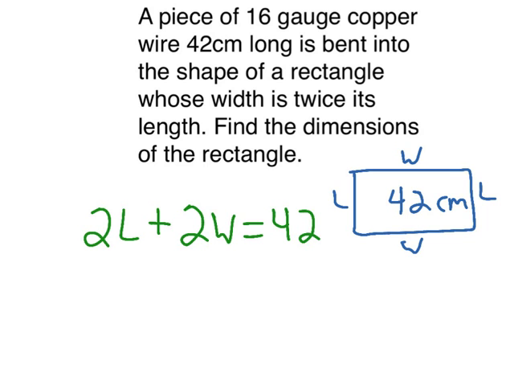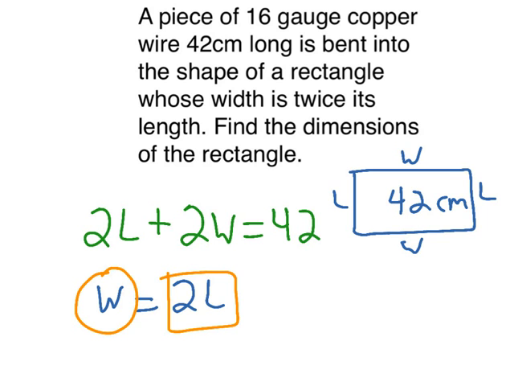Now, that's pretty close to all the way there. There's one last little catch, and that last little catch has to do with the idea that the width is twice the length. And so what that means is wherever I see W, I can go ahead and substitute.